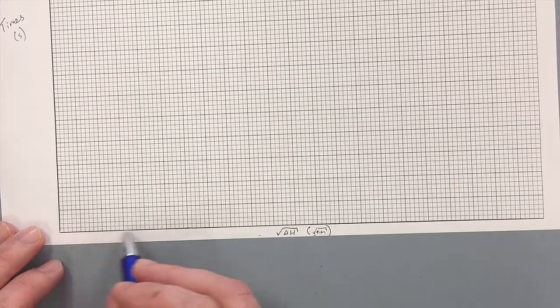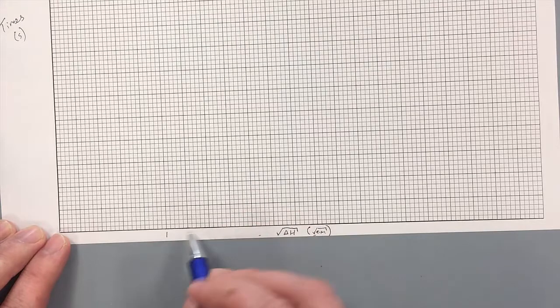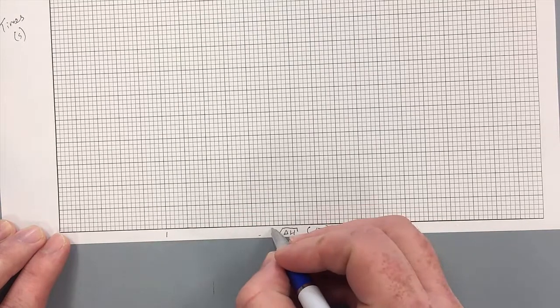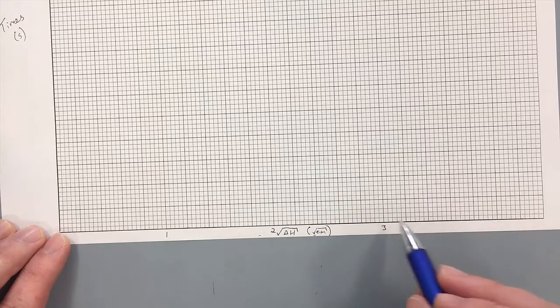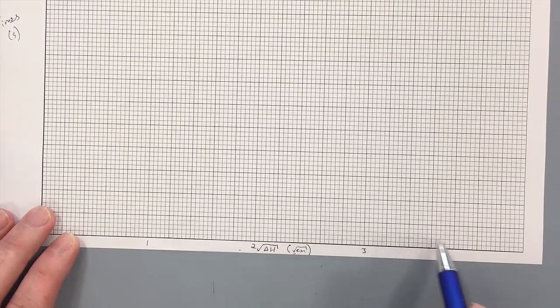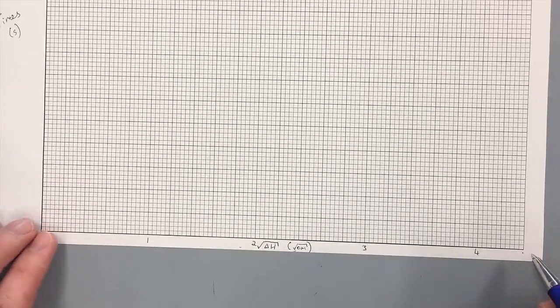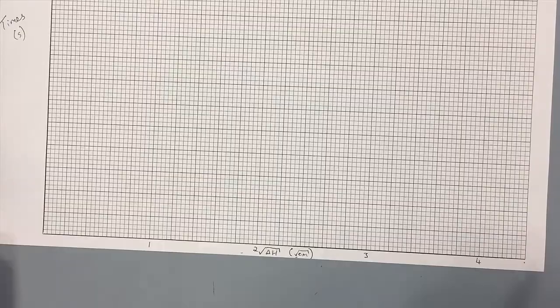Okay, so there's my 5, that's 1, then another 5, and that's 2, and then another 5, and that's 3, and then another 5, and that's 4, which means that 4.4 is going to be that last line there. And because we need 4.36, that is going to use as much of this axis as possible.